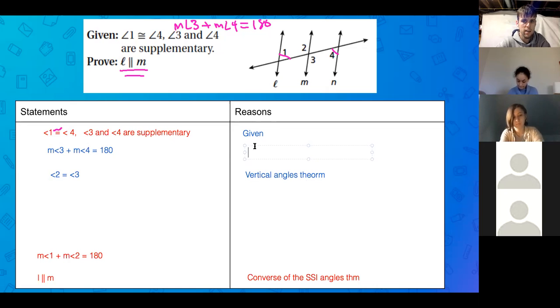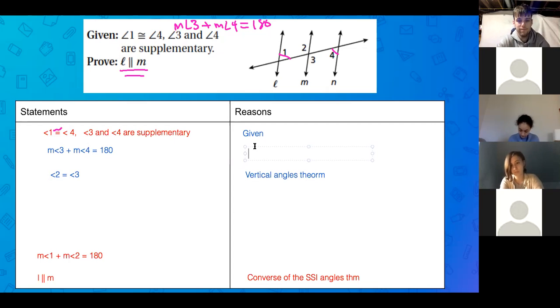Anybody in the chat? Definition of supplementary angles. And I keep spelling supplementary wrong. Okay. Yeah, since we know they're supplementary, we can set up that equation.